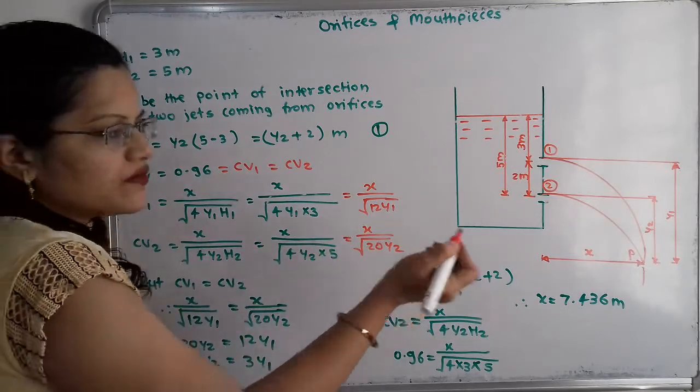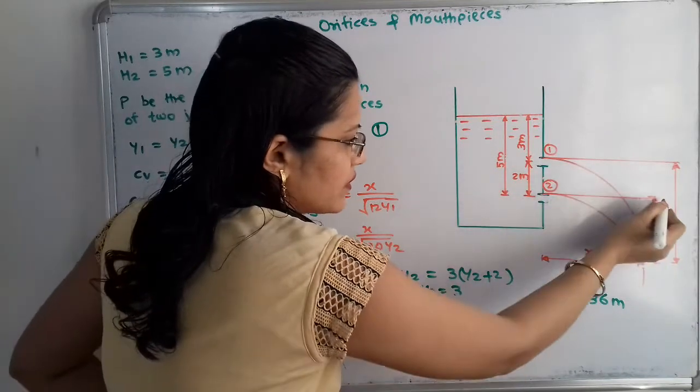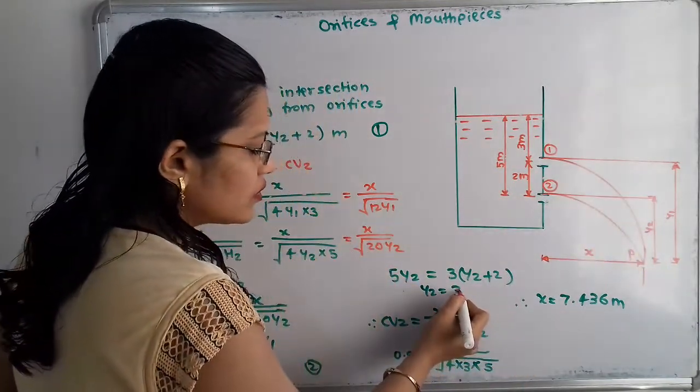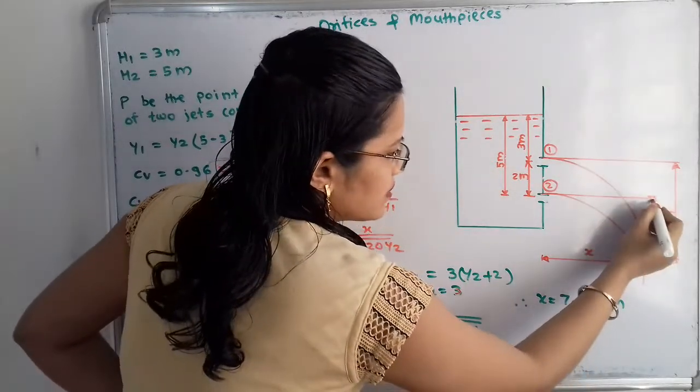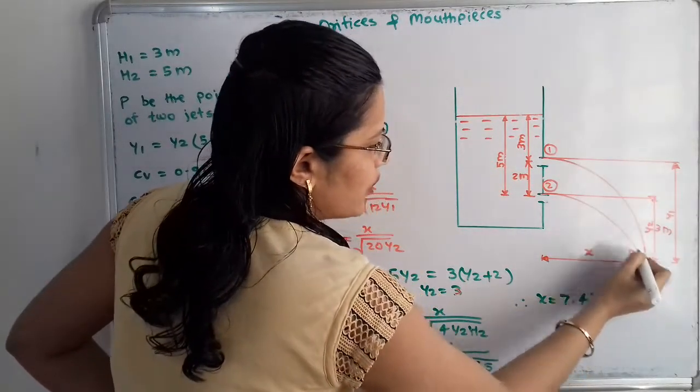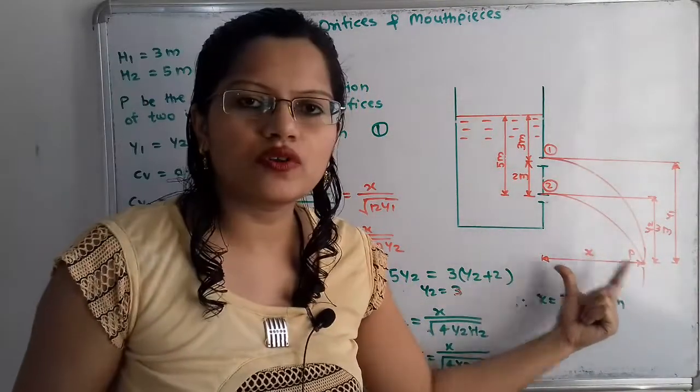So from this we get the vertical distance from orifice 2, y2 is equal to 3 meters, which is the vertical distance of point P from orifice 2. Then we have to find the horizontal distance.